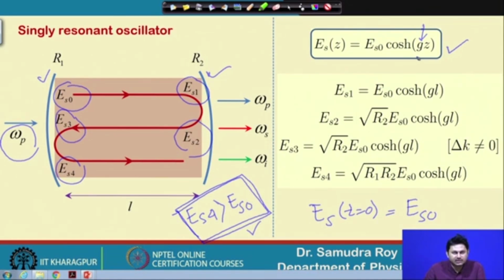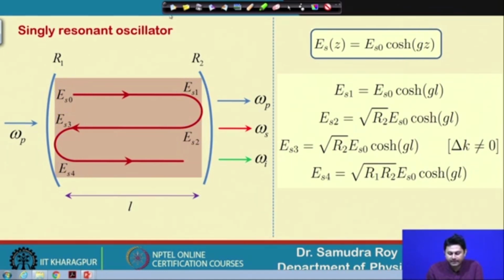Well, if we understand properly these values, then we can write the values of Es1, Es2, Es3, Es4 one by one. The first value Es0 is Es0 because we start with that. If I put z equal to 0 in this case, we have Es at z equal to 0 is Es0. So the first term is okay. What about Es1? That is the next important thing.